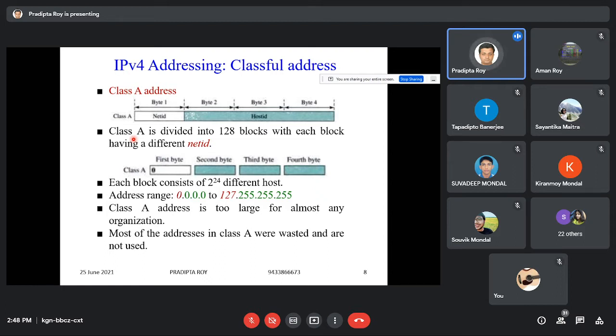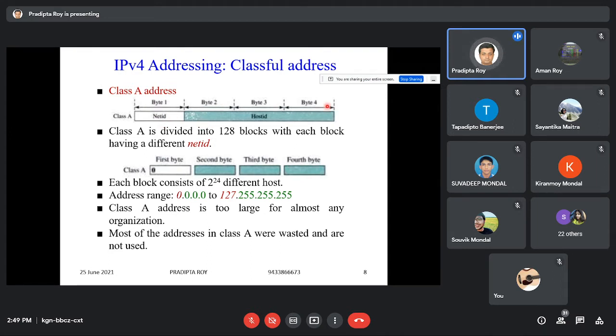We know that we have a 32-bit address, and those 32 bits are divided into 4 blocks or 4 groups. In each group there are 8 bits, hence it comprises 4 bytes. In a class A address, 1 byte is used to identify the network, commonly known as the net ID.